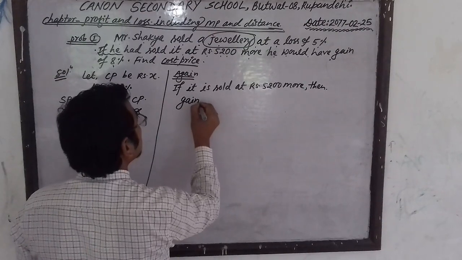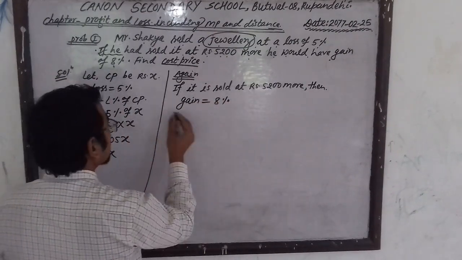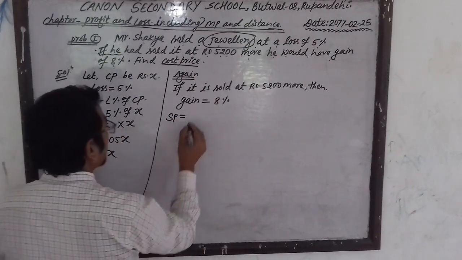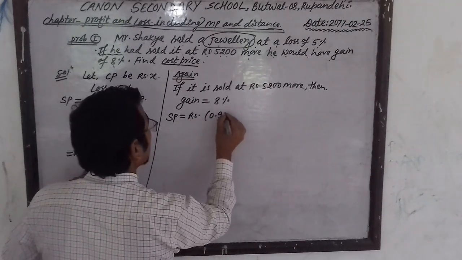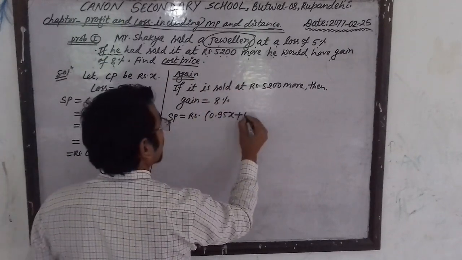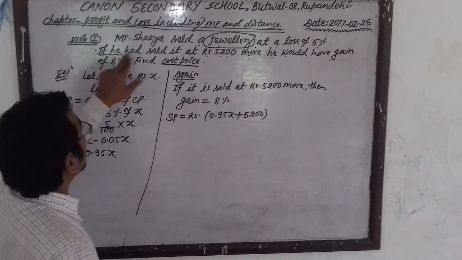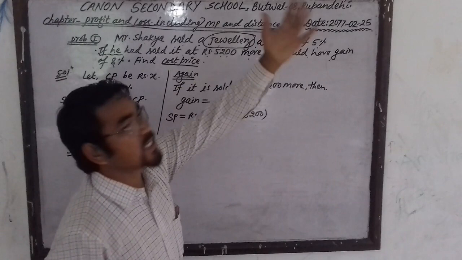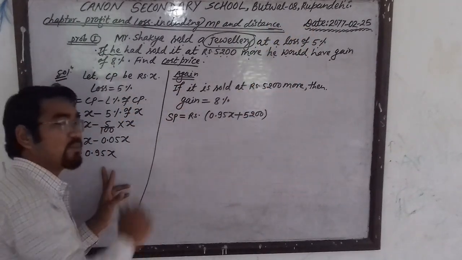Here the selling price SP is the previous price 0.95X, to which we have to add 5,200, the price with the 5% loss.